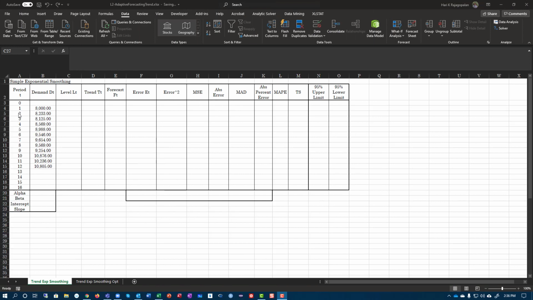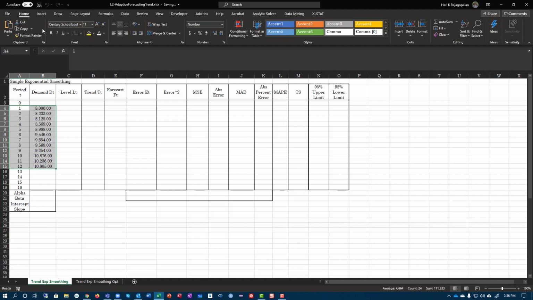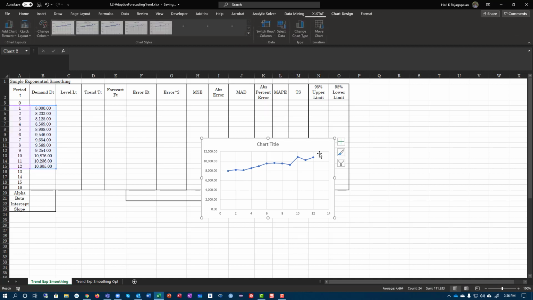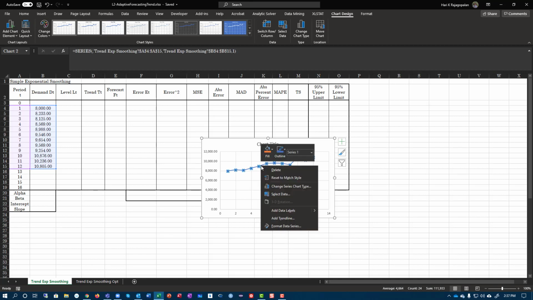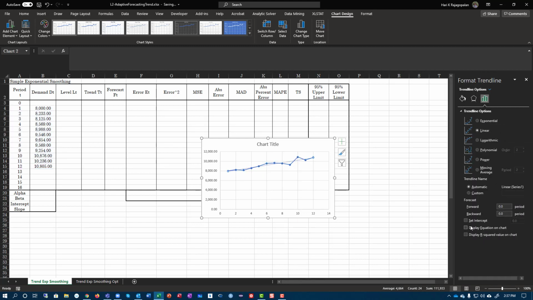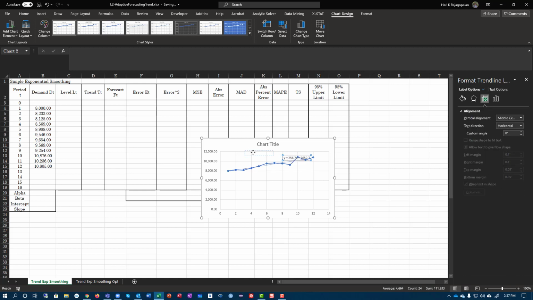So here we have our data. And of course, the first step in every forecasting problem is to go ahead and create your scatter plot. Now, there is an easy way to get your intercept and slope, and essentially that is to add a trend line. If you put a trend line and say display equation on the chart, here we have the equation which will give you the intercept and the slope.